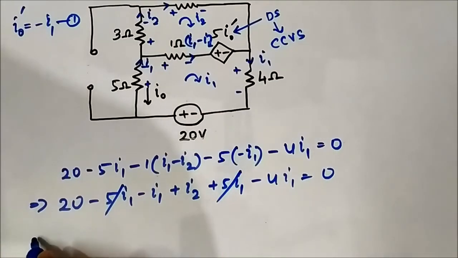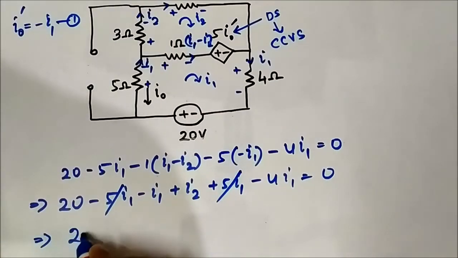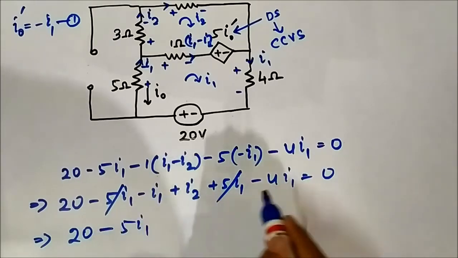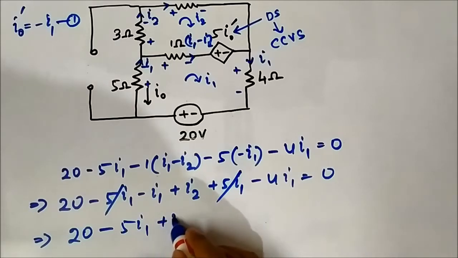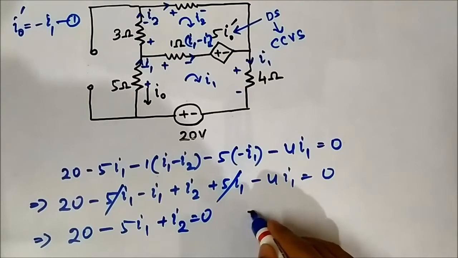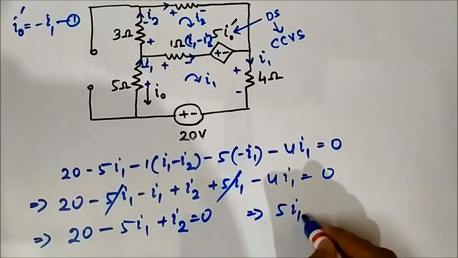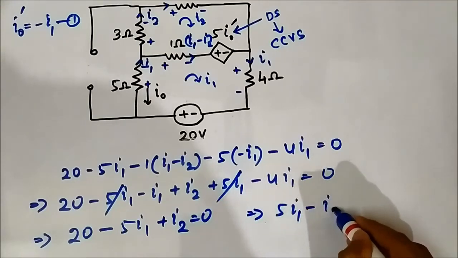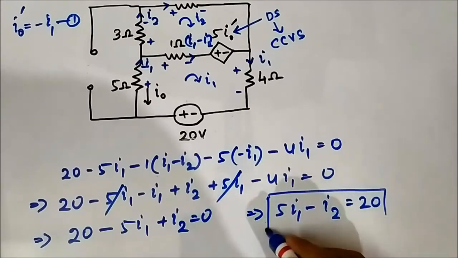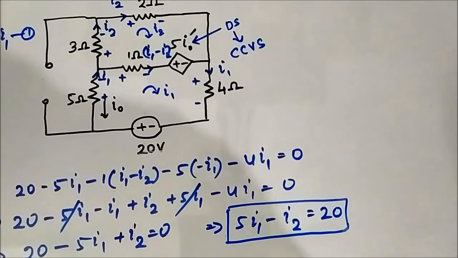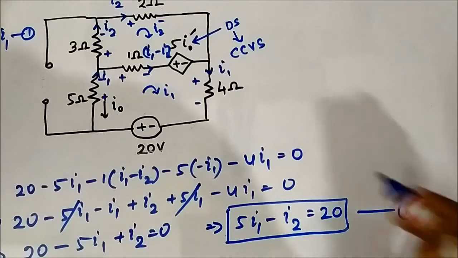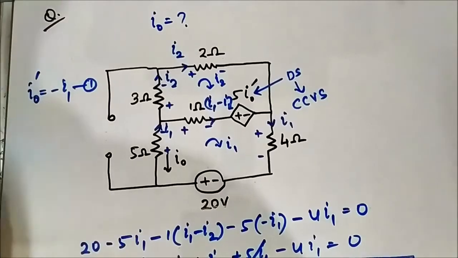So it will become 20 minus 5 I1 plus I2 is equal to 0, or we can write 5 I1 minus I2 is equal to 20. This is the second equation; the first important equation was I0 equals minus I1.